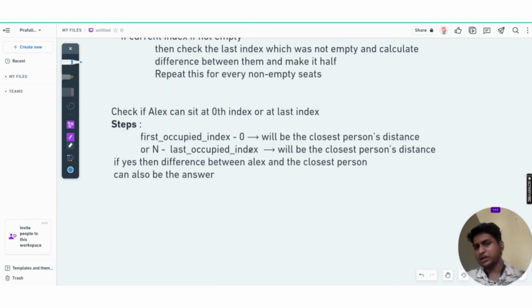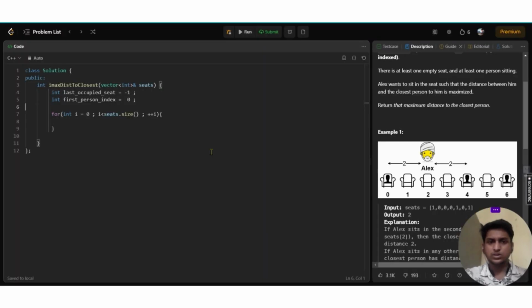So now we have to calculate the maximum of all of them. So let's see how we can calculate it. Let's keep a global variable result, which is going to keep our answer. Initially it is going to be 0. So let's check if we got this index occupied, then we have to check our last index.